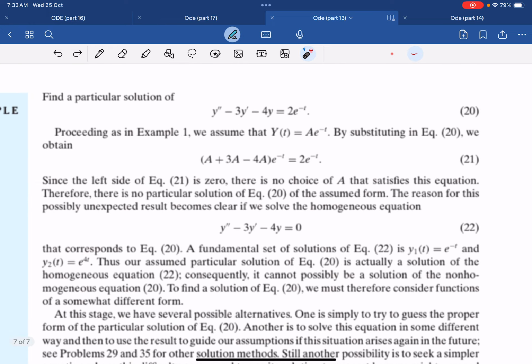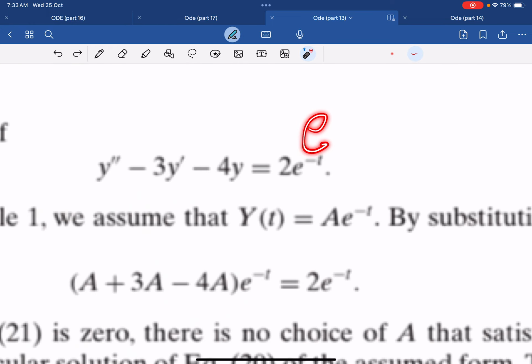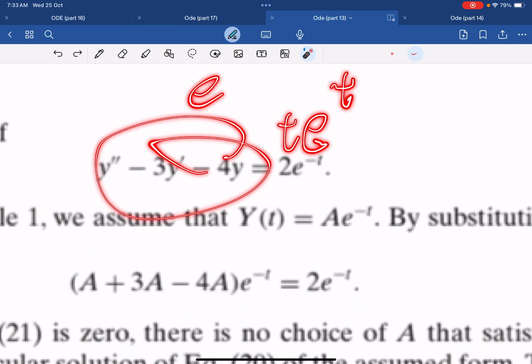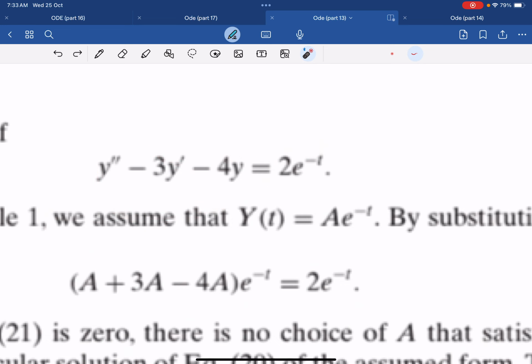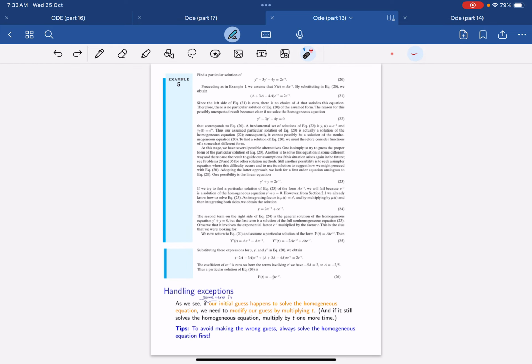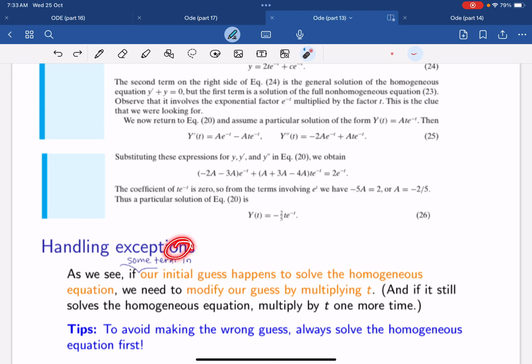So let's say this now is t e^t, and here has a function of e^t. Then what you want is to take t squared e^t as your particular solution. So for handling exceptions, we check whether our original guess satisfies the homogeneous equation.